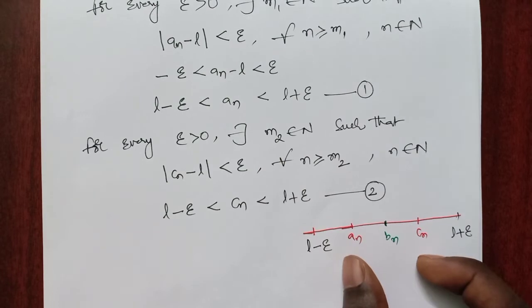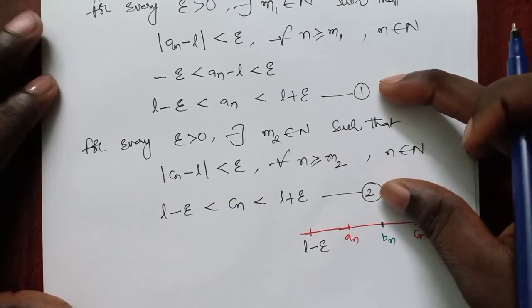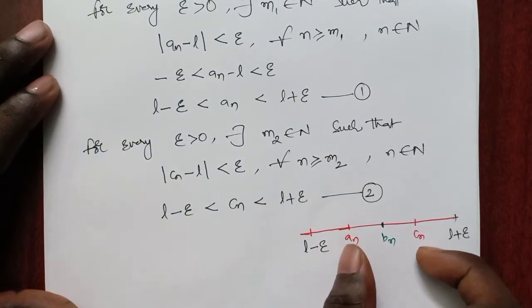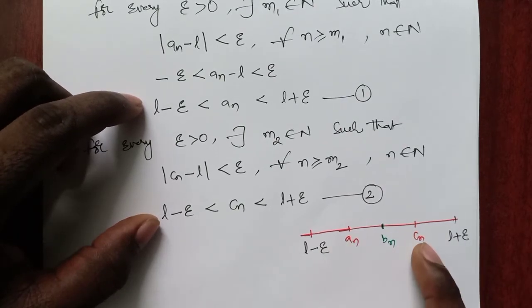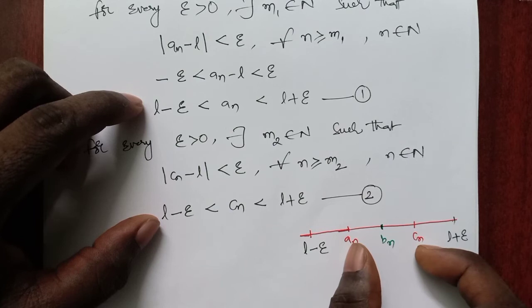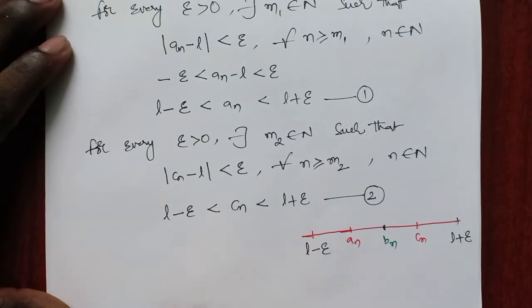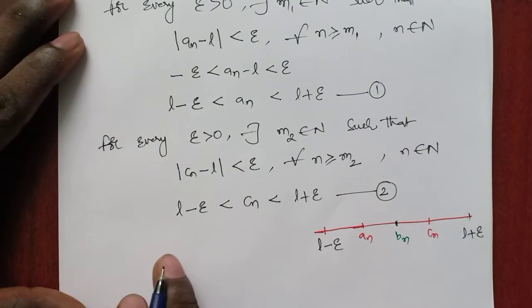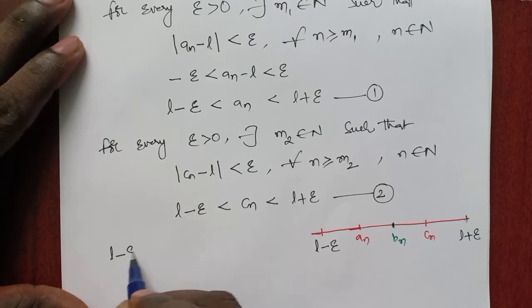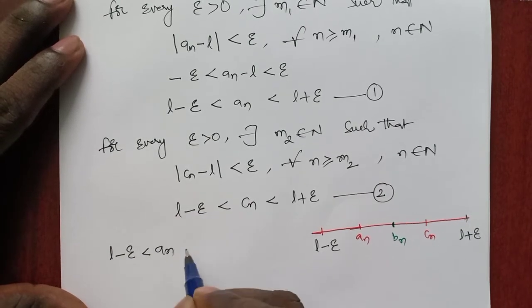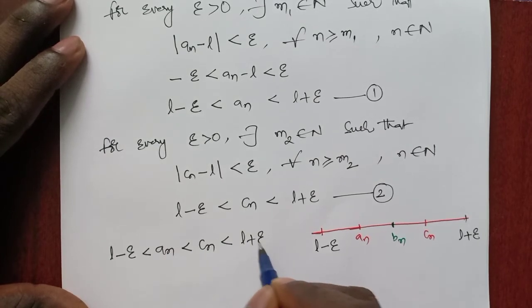So from conditions 1 and 2 and from this number line, you can understand that an is less than cn and these two lie in between l minus epsilon and l plus epsilon. So we are clear that l minus epsilon is less than an and less than cn and less than l plus epsilon.